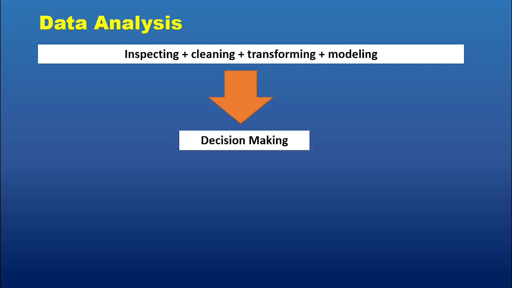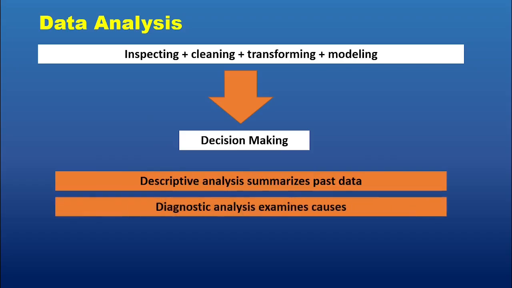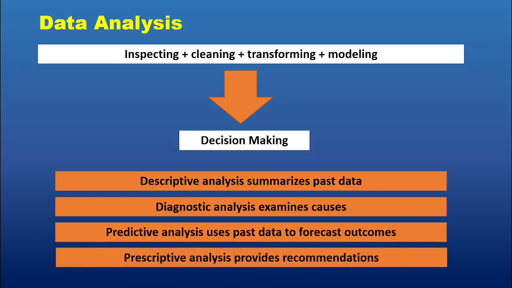Descriptive analysis helps summarize past data, such as calculating averages or identifying trends. Diagnostic analysis goes a step further by examining the causes behind certain patterns or events. Predictive analysis uses past data to forecast future outcomes, while prescriptive analysis provides recommendations on the best course of action based on available data. AI plays a crucial role in all these techniques by automating calculations, identifying hidden patterns, and making predictions with high accuracy.